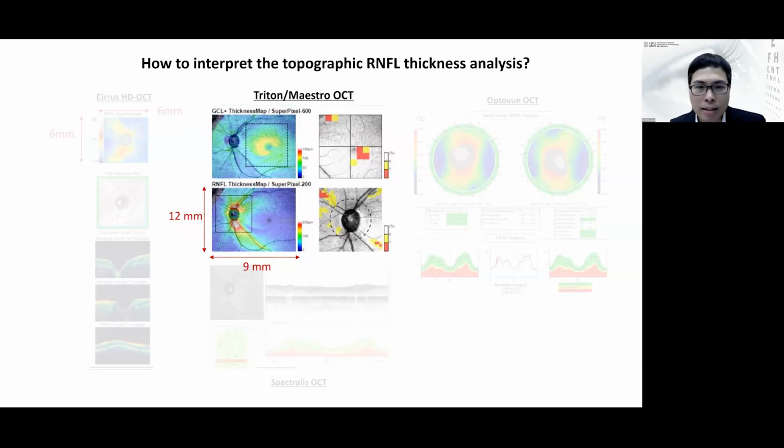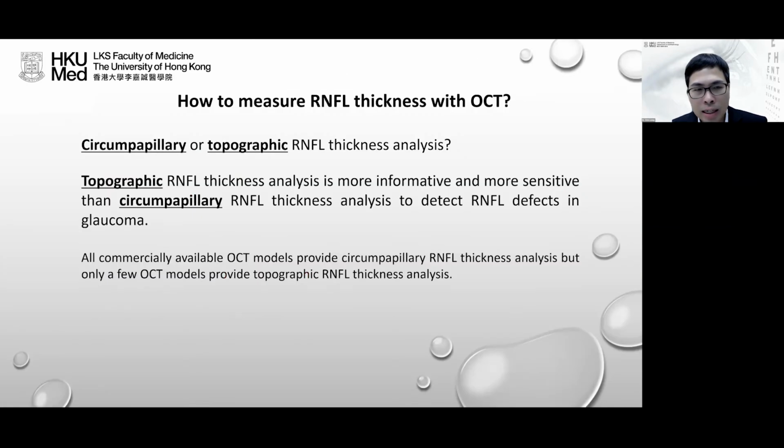So we can understand that all OCTs basically present retinal nerve fiber measurements in a circle scan, but only a few of them present topographic measurements of the retinal nerve fiber layer.